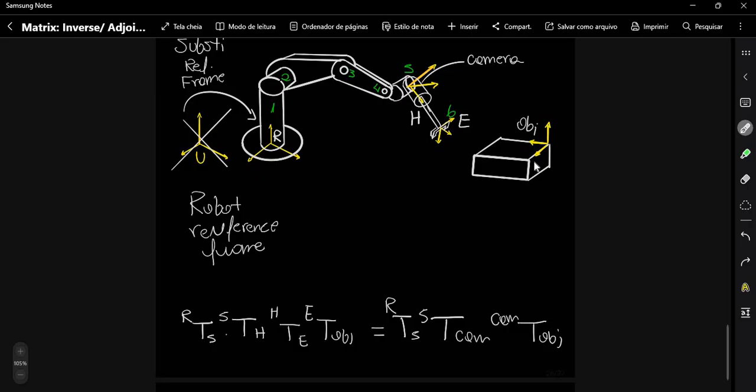As I already explained, one frame turns into a reference for the other frame.